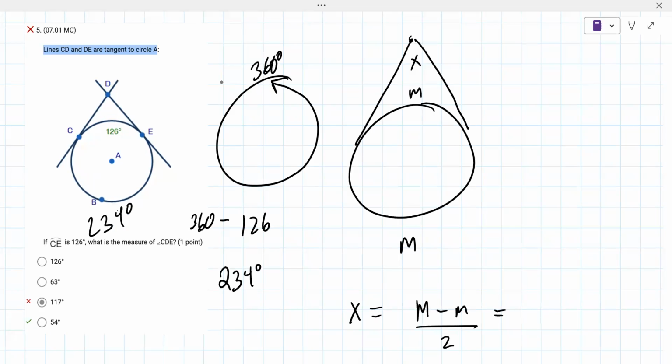So big M is 234, minus 126, divided by 2. Go ahead and calculate that and confirm it's the answer you think it should be.